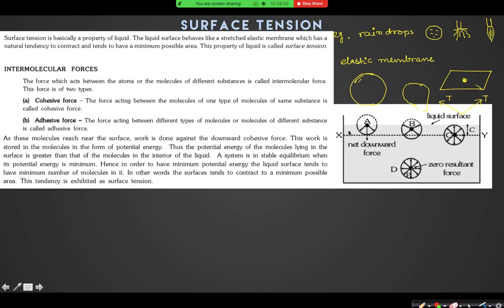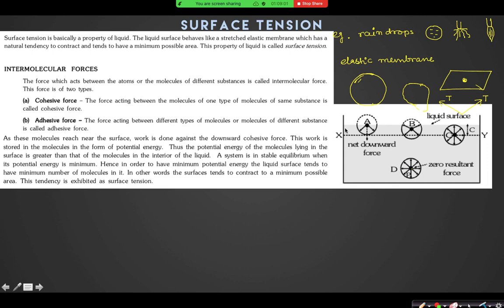Now, what will happen if I increase the free surface area? Suppose there are 100 balls. Let us assume these A, B, C particles are plastic balls, 100 plastic balls kept inside this container or jar. Out of that 100, only 20 plastic balls are on the surface.